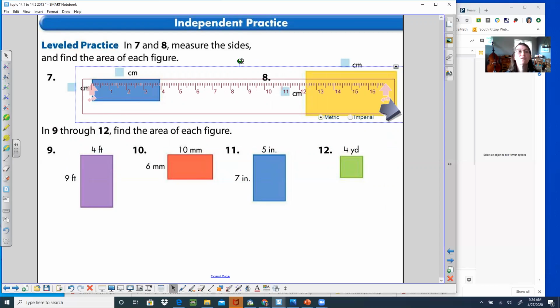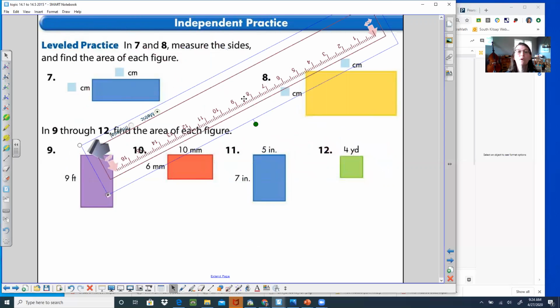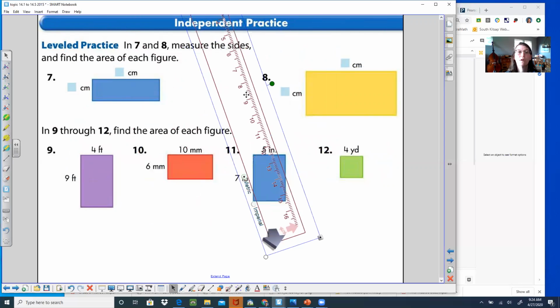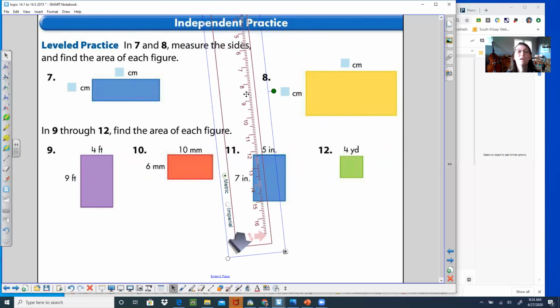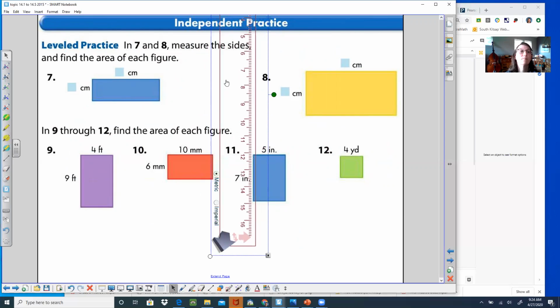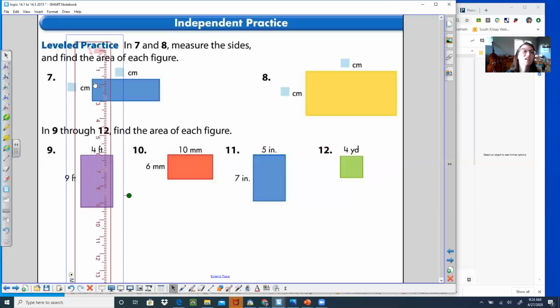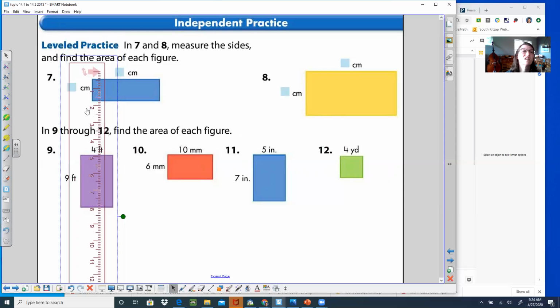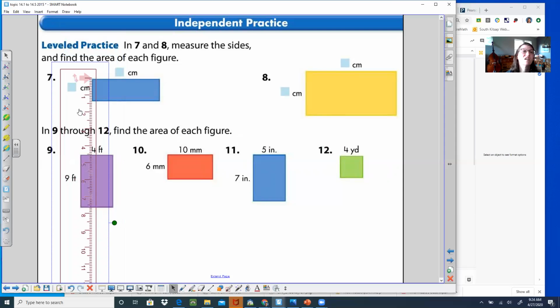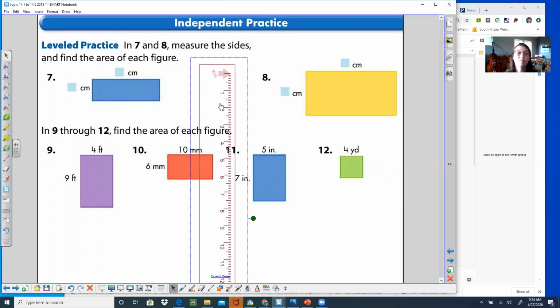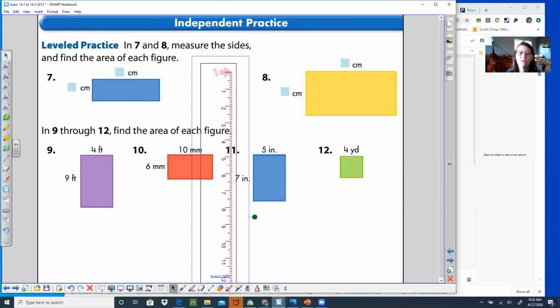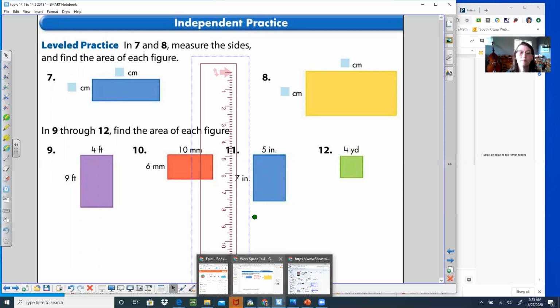Now I gotta do the whoop-de-woo. Whoa, not that far. Okay, there we go. Huh. I'm thinking that was supposed to be like a 4 by 1. So let's go back to here.